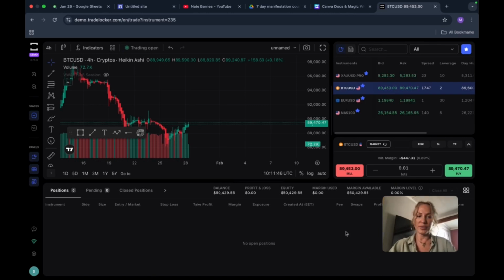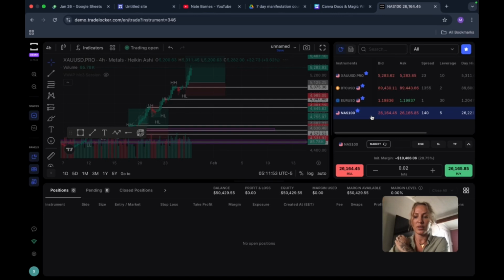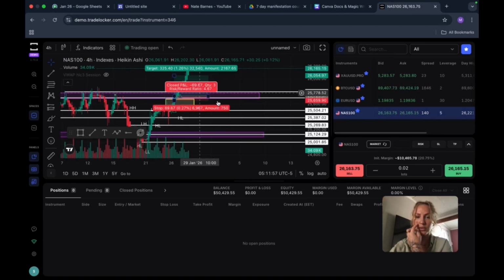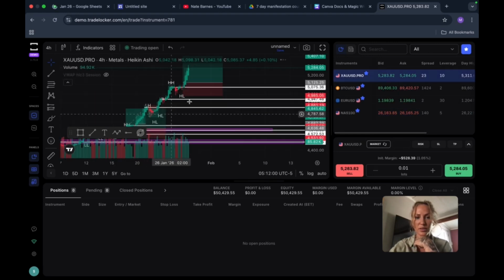Okay, guys. So my gold and NAS are in the trade. Well, it hit take profit on NAS, and gold I didn't go in, but I was backtesting, and indeed it will hit take profit.